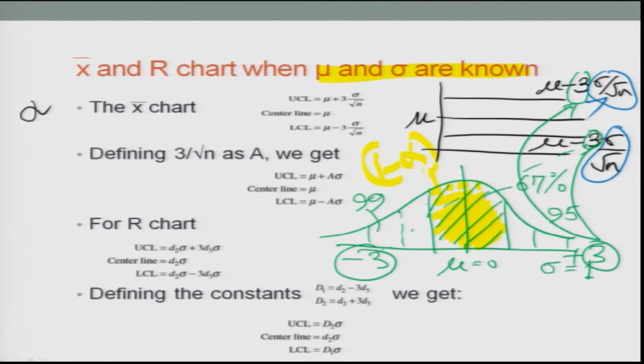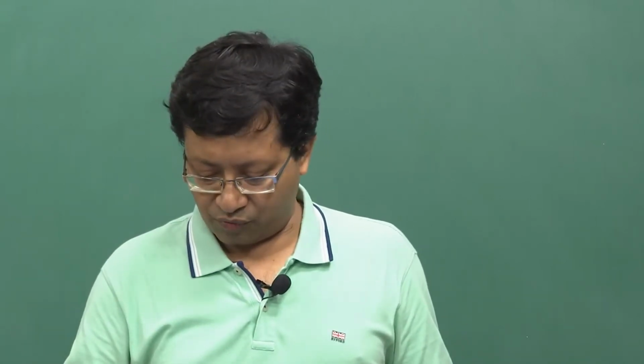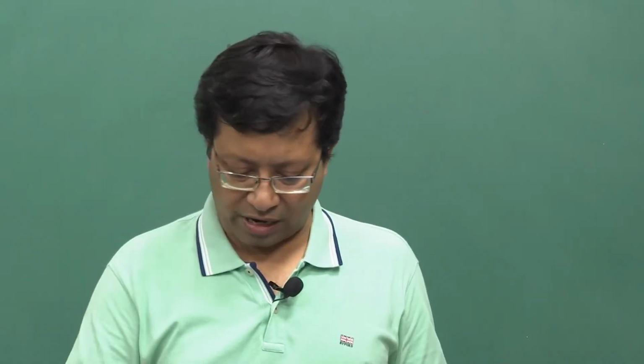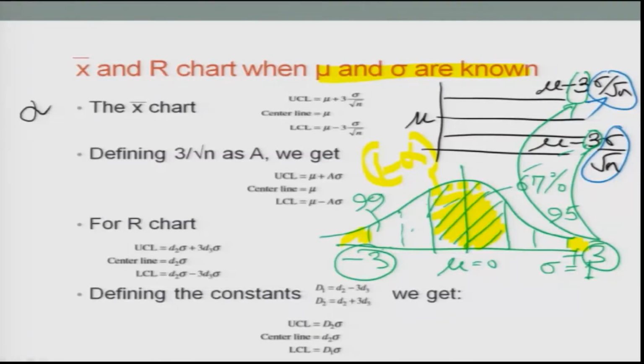If I am trying to cover about 99% of the area, then the area on the right and the area on the left would total about 1 minus 99, which is 1%.